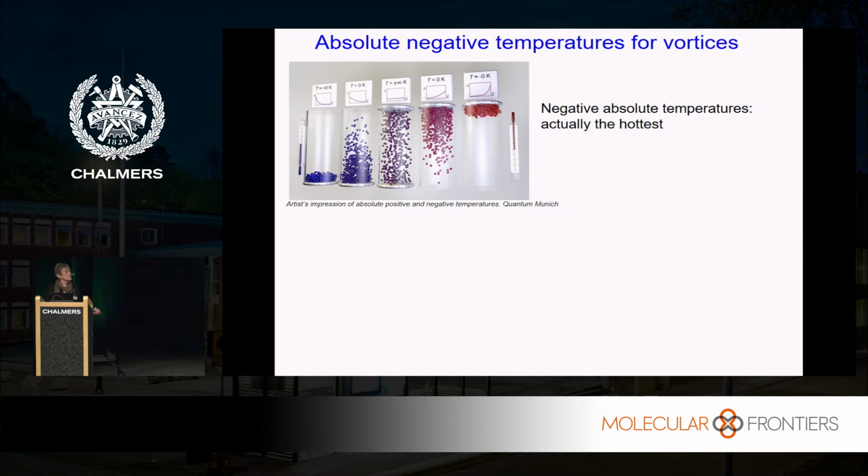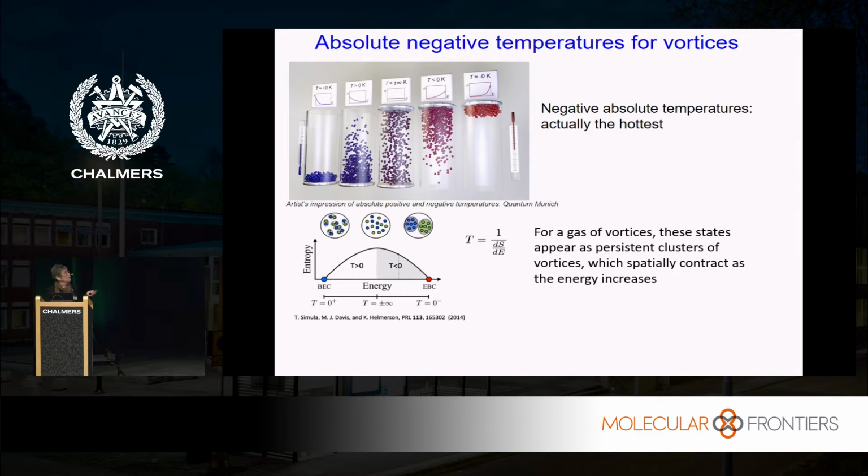Okay, and this was the pictorial that he also was showing behind some other overheads that he had. It shows you the artist's impression of absolute positive and negative temperature. This is positive zero, the coldest we can get, and we get perfect order here.